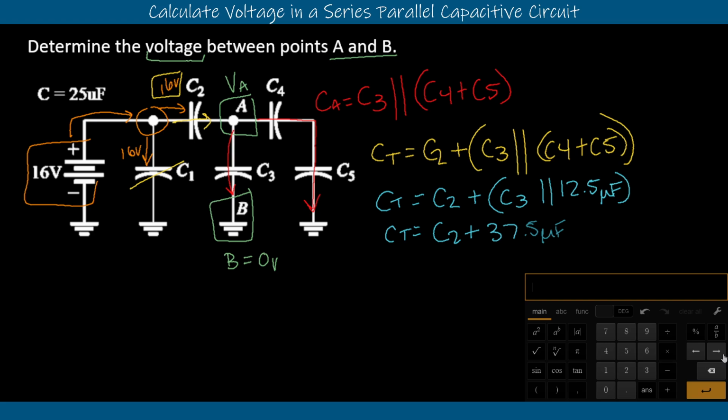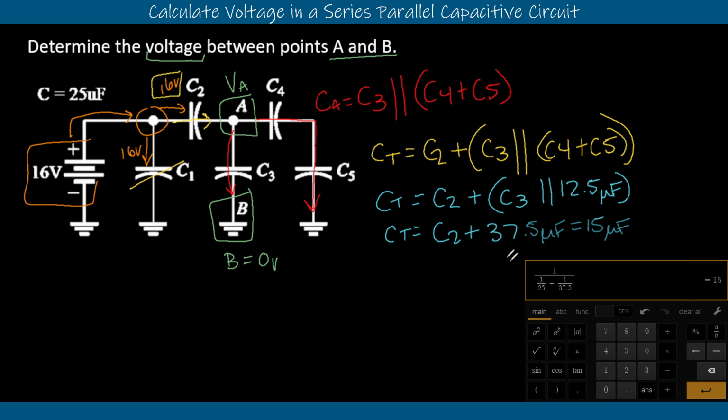We have our final series capacitance right here: 1 over C2, which we know is 25 microfarads still, plus 1 over the capacitance we have right now, which is 37.5 microfarads. They're both in microfarads, so we can leave that off and know that this answer is still in microfarads. So we have this equals 15 microfarads. Okay, so that works out for us.